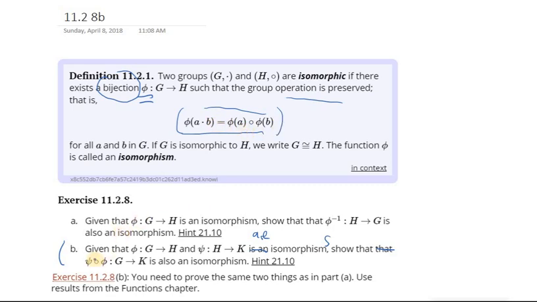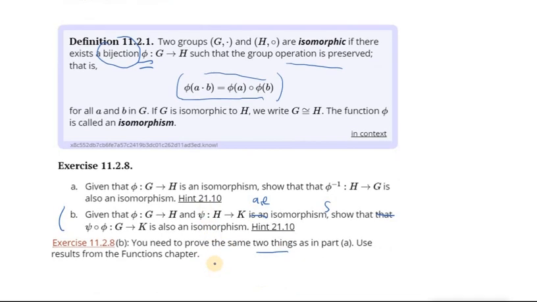Now we want to show that psi composed phi is also an isomorphism. So we need to show two things. We need to show, first of all, that psi composed phi is a bijection.